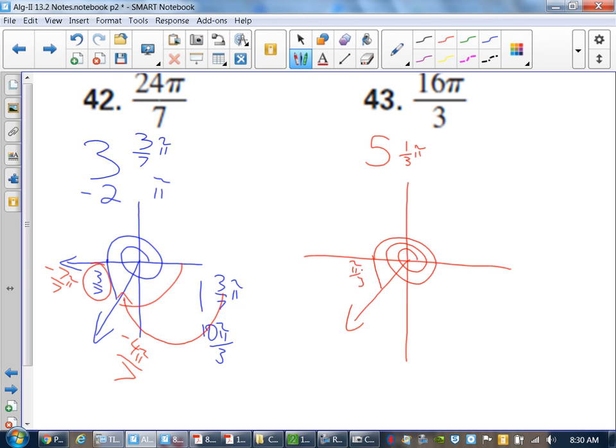Since that is beyond 1 full revolution, all I have to do is figure out what that angle would have been within 1 full revolution. So by just placing it, knowing that if I go positive, here's 1 pi, add a pi over 3 to it. As I get to pi, that's 3 pi over 3. Add a pi over 3, and you get 4 pi over 3. Good.